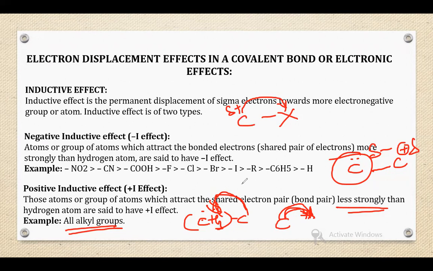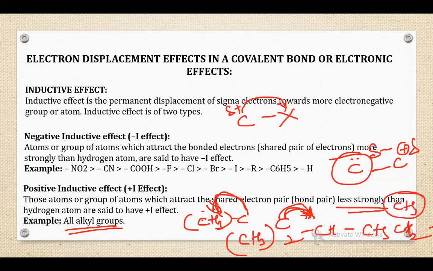In the positive inductive effect, all alkyl groups like CH3, CH3CH2 donate the shared pair of electrons towards the carbon, because they are less electronegative than the hydrogen atom.